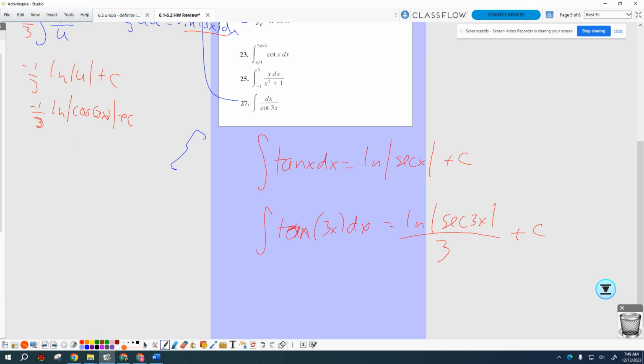Why is it different? That negative comes in as an exponent. 1 over cosine is actually secant. Now they're the same.